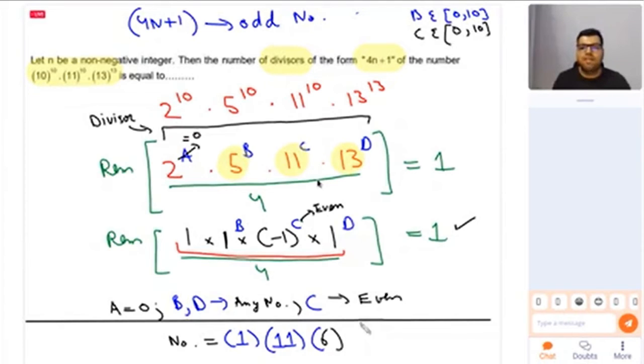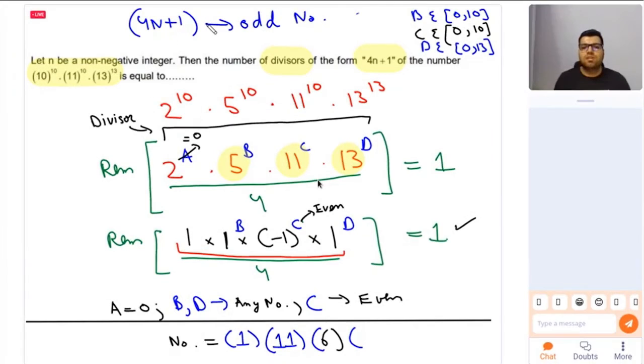And finally for D, we will have 14 values, because D belongs to 0 to 13, and D can be any integer. There is no condition on D. B and D are any numbers. So 11 into 6 into 14, that is 66 into 14, is our answer.